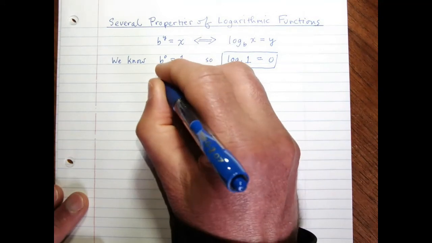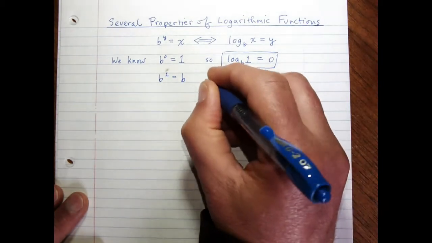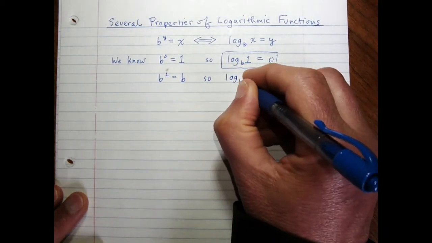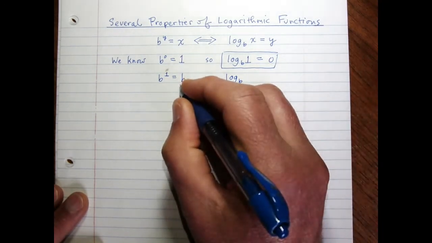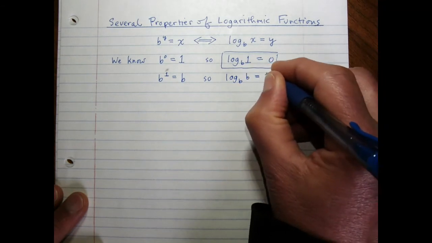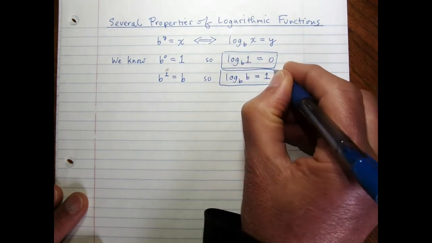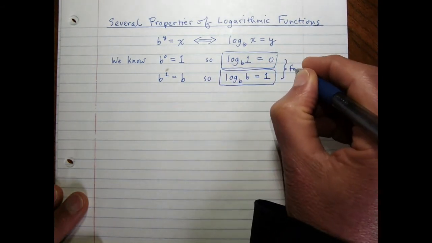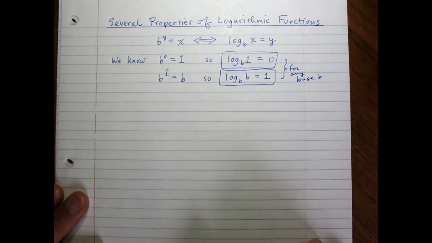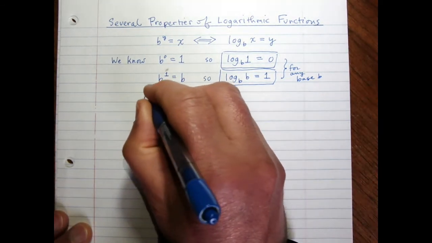We also know b to the first power is always equal to b. Any number to the first power is itself. So log base b of, in this case, b is equal to 1. That's true for any base. And just a few examples of that.